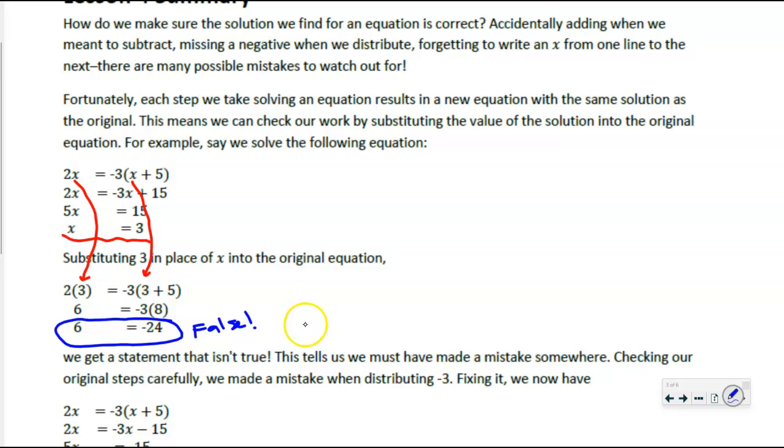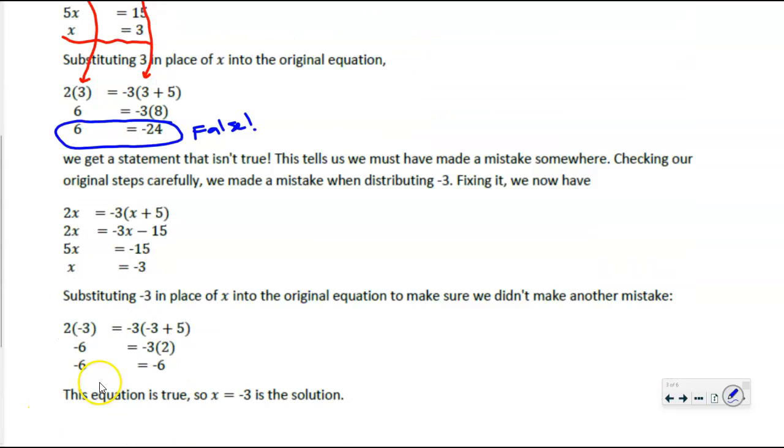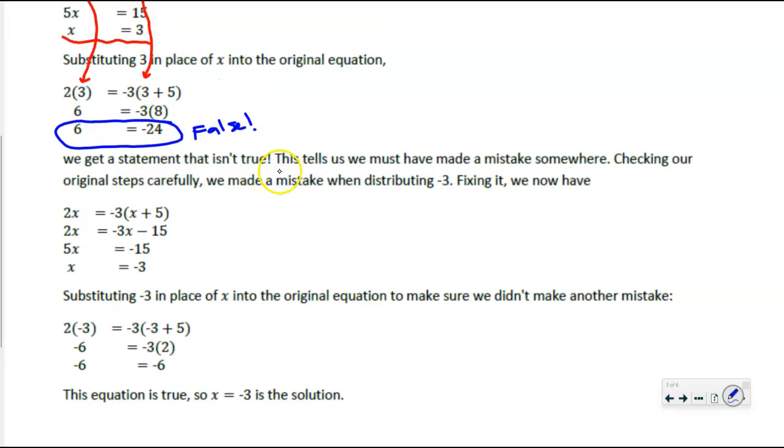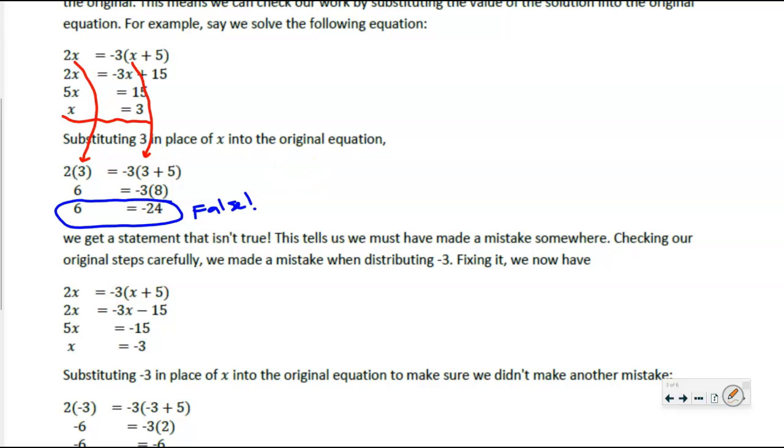Now we need to go back and see if we can find our mistake. When we check our steps very carefully, we can see that we made a mistake right here. -3 groups of x is going to be -3x, but -3 times 5 is not going to still be 15.